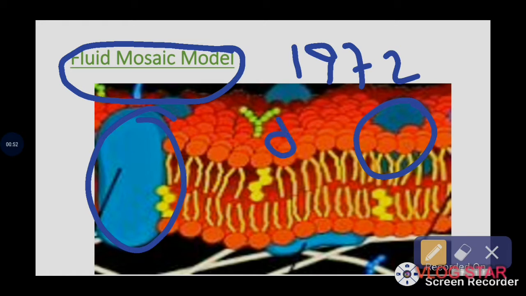And these are the polar head groups, these are the non-polar tail groups that are present, and these phospholipid molecules are arranged in two leaflets, and the composition of the leaflets is different from each other. For example, I gave you a very simple trick, that was coma.